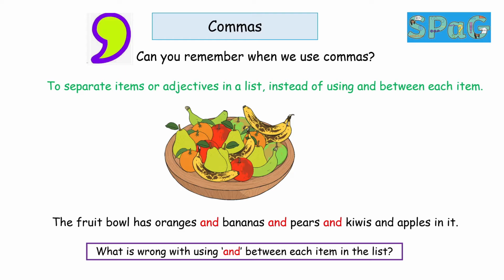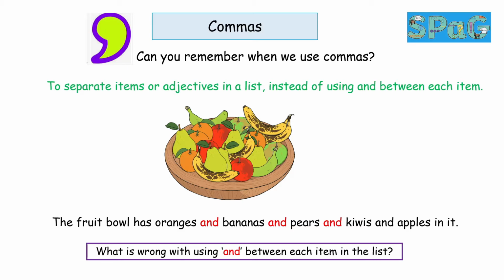If we wanted to write a list of the fruits that we see, instead of writing the fruit bowl has oranges and bananas and pears and kiwis and apples in it, you could take out the and replace them with a comma.